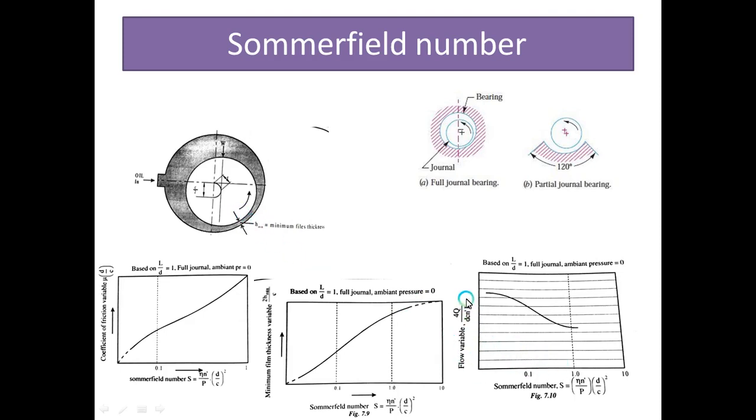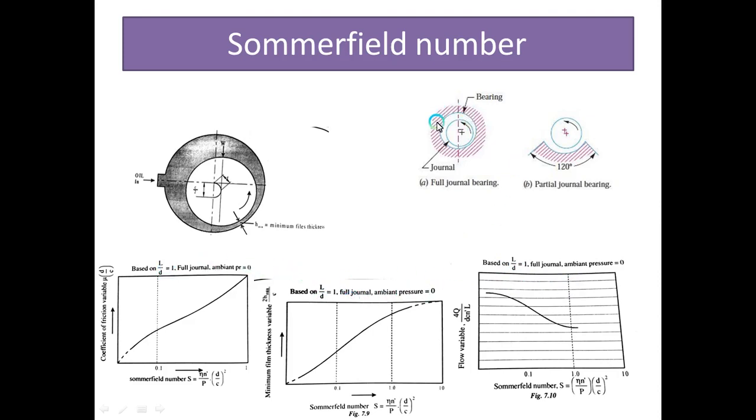Similarly, you can calculate Q. Q is nothing but the flow rate, the oil flow through the bearing, which we can calculate by knowing the Sommerfeld number. So that is how he has given it, and you can see here, based on L by D equal to 1, all are full journal bearings. What is a full journal bearing?